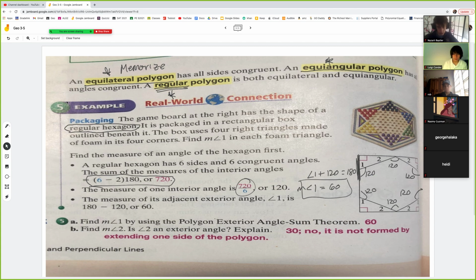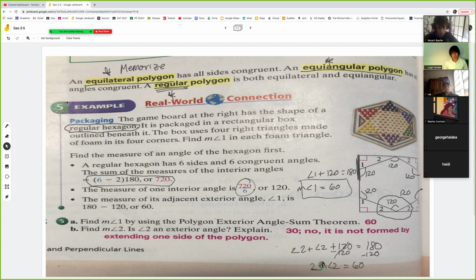Now, another, more complex way to do it would be to look here and say angle 2 plus angle 2 plus 120 equals 180. Take away 120 from both, and you're left with 2 times the measure of angle 2 equals 60.